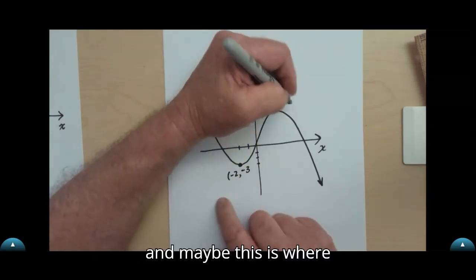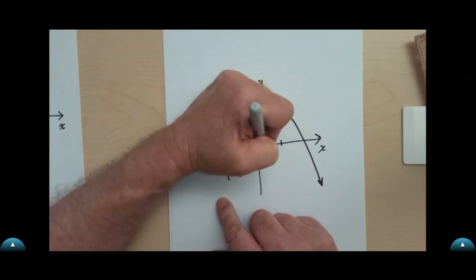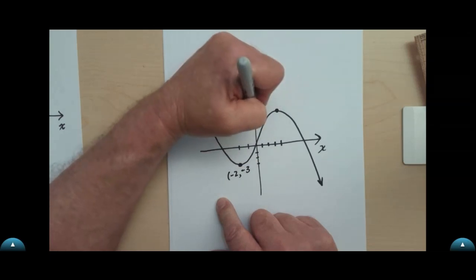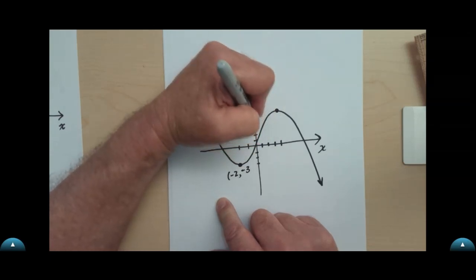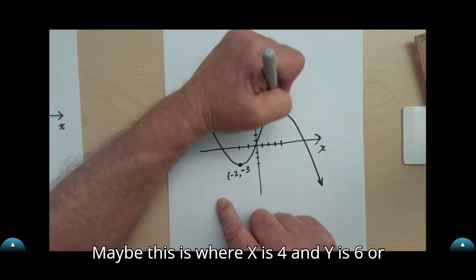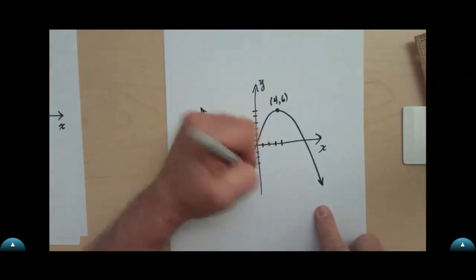And maybe this is where X is 4 and Y is 6 or something, roughly like that.